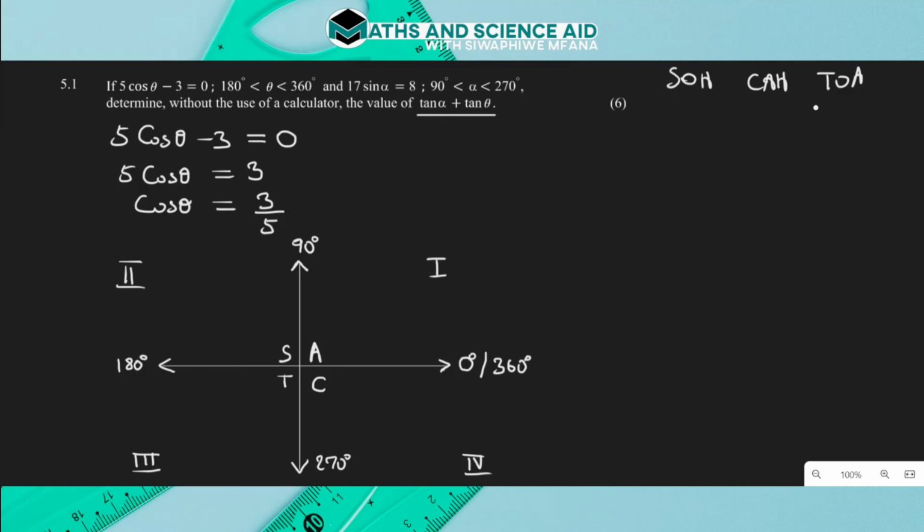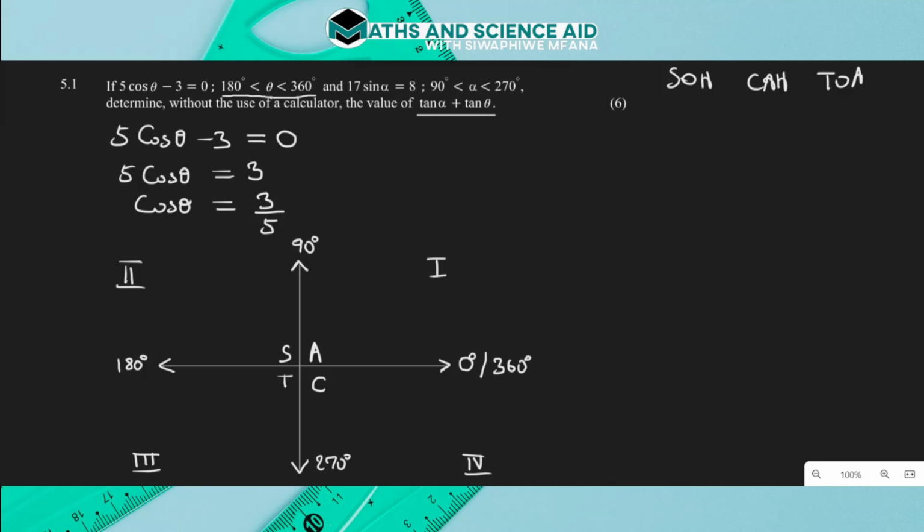As you may already know, this means that in a right-angled triangle, the sine ratio is defined as the opposite over hypotenuse, the cosine ratio is the adjacent over the hypotenuse, and the tangent ratio is equal to the opposite over the adjacent side.